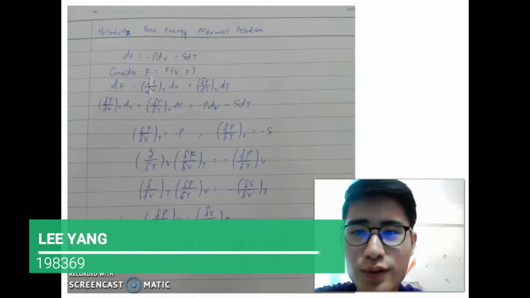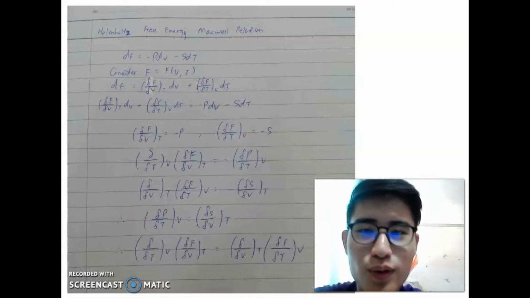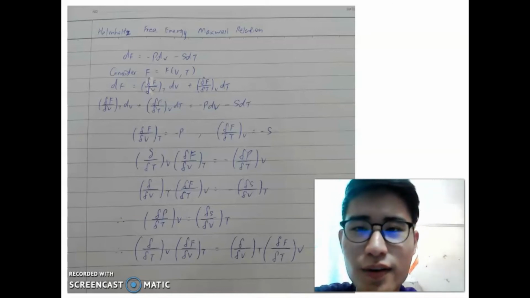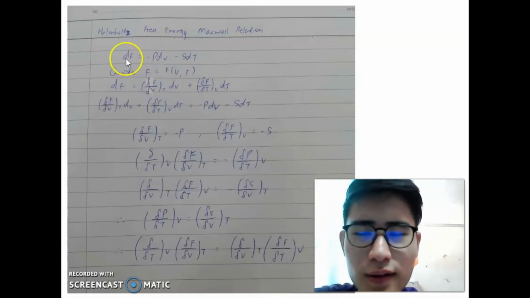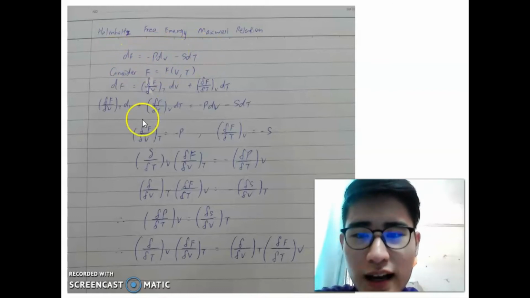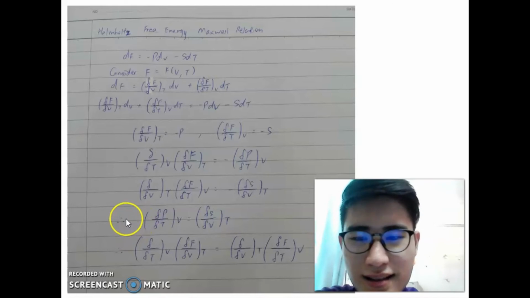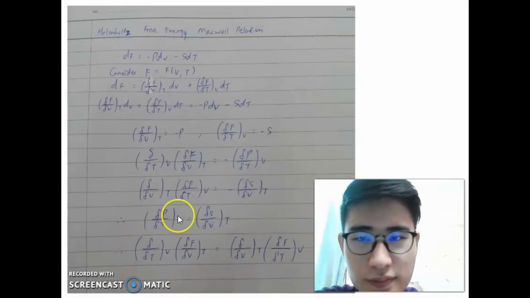So today I'm going to discuss the Helmholtz free energy Maxwell relation. My task is given as the first equation here, dF equals negative P dV minus S dT, which I have to prove is the same as the final equation here.